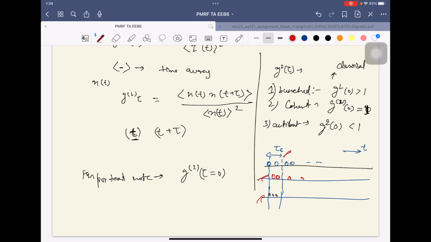This means that no matter how well I know the distribution of intensity at time t, one will never be able to reduce any uncertainty about the intensity fluctuation at time t plus tau. Now g2(0) tells us how often we detect two photons at times very close to each other. We imagine here to always detect one or zero photons at a time.